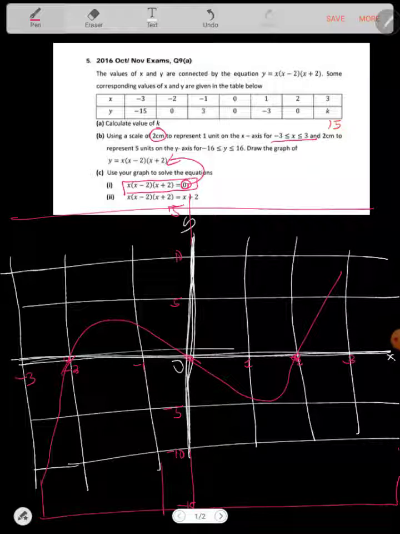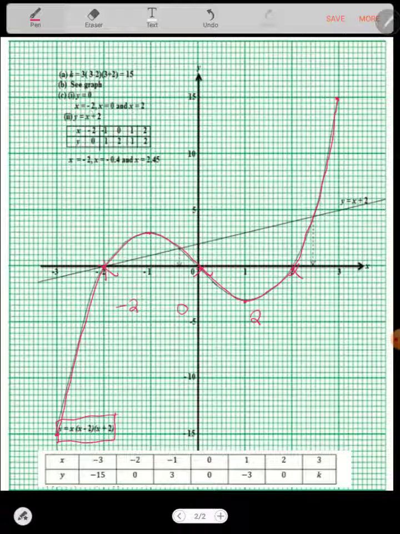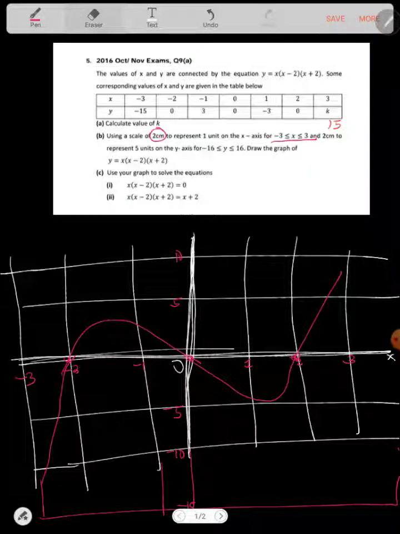So you saw that. These are the only values of x that you're looking for. And even here, you can see that I've written x is equal to -2, x is equal to 0, and x is equal to 2. You write x is equal to something. Don't just write 2, -2. Hope that's clear.